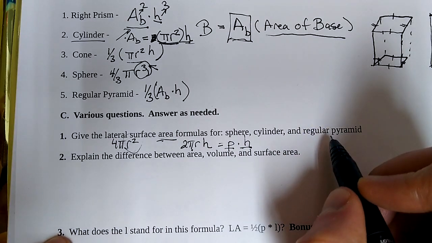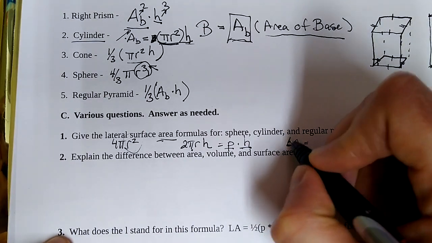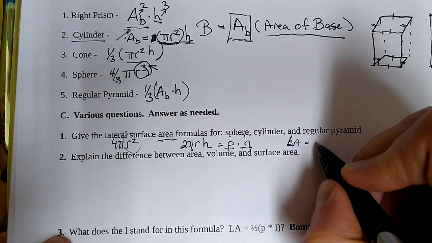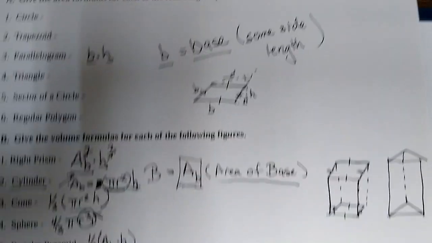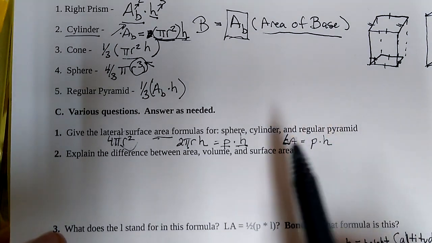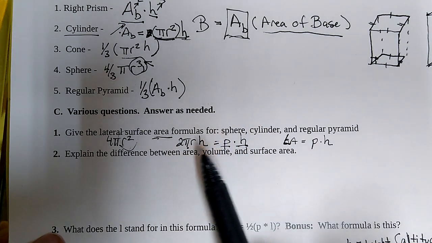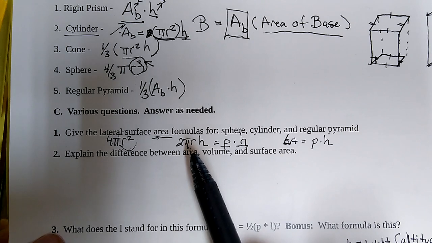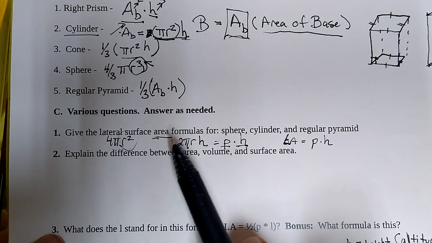The regular prism's lateral surface area is also perimeter times height. Whatever the perimeter of the shape of the base of that prism happens to be, that perimeter times the height will give you the lateral area. Same thing for a cylinder, but since it's a circular shape, we're basing the circumference, the perimeter, on pi.